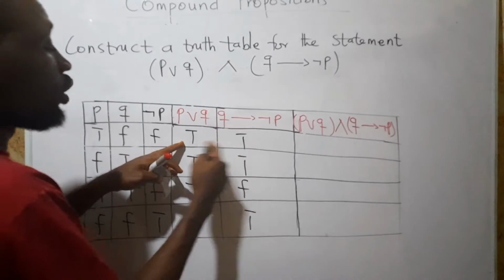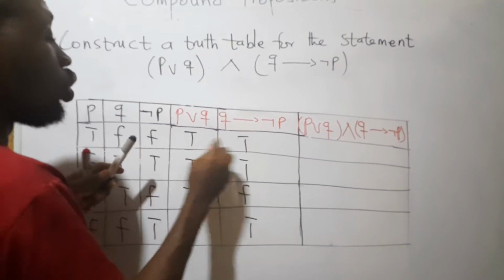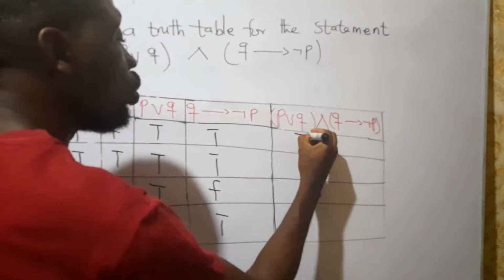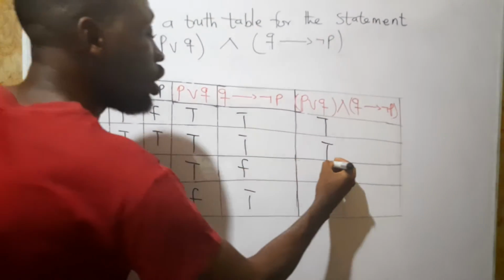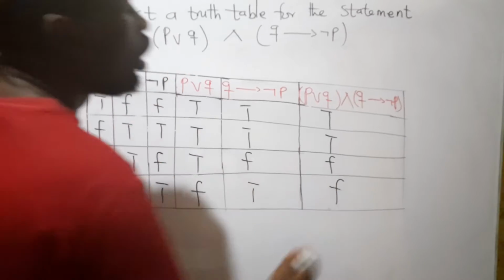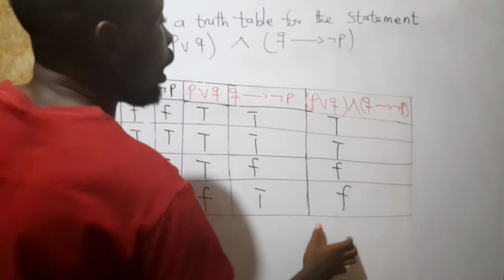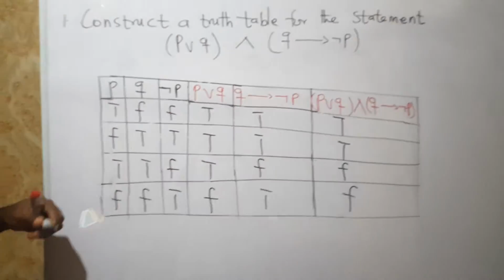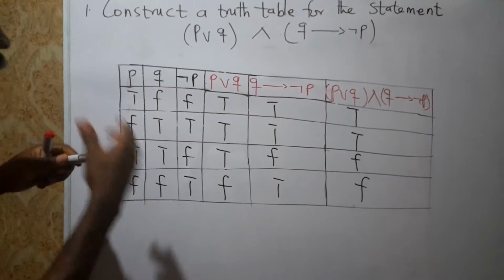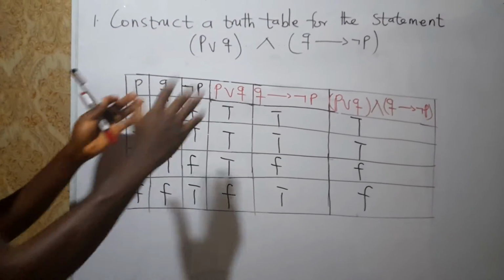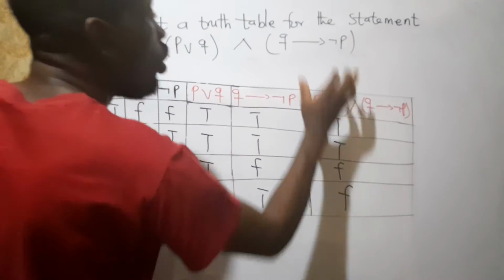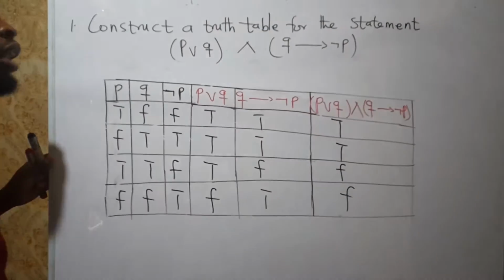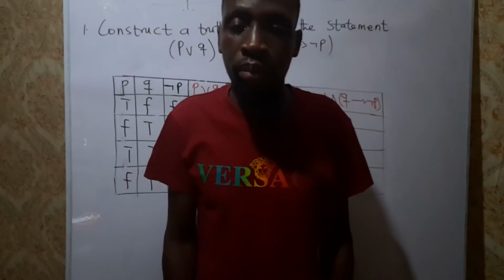So we locate when both statements are true. This is true, it will be true. This is true, it will be true again. As far as one is false, it becomes false. Then we say these are the true values of this statement. This is very easy, provided you are able to form them one by one. Then you combine them. Then you see that it is very easy. So these are the true values for this particular statement here. We'll solve more examples on this so that you'll be abreast with it.